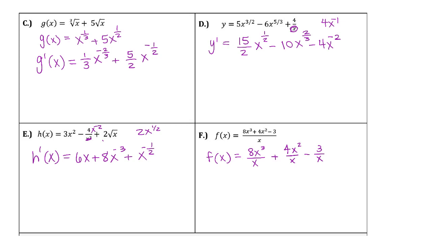If that was x plus 3 in the denominator, we would have to use what's called the quotient rule, and we'll be learning that tomorrow. But if it's one term, please divide it up, because then after it's divided up, we can continue to reduce this. So that's really 8x squared, isn't it? Plus 4x minus 3x to the negative 1.